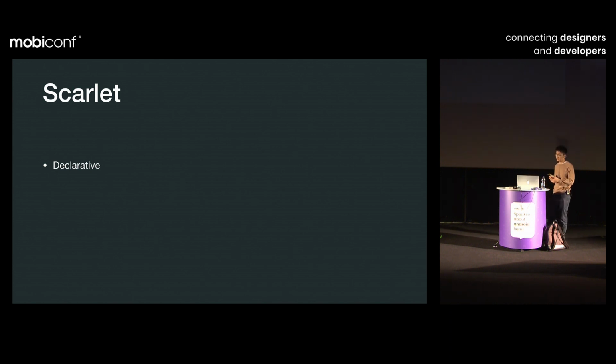Just to recap, Scarlet is declarative and it demands minimal boilerplate code. It's modular, which makes it easy to start for beginners. It also makes it customizable for advanced users.